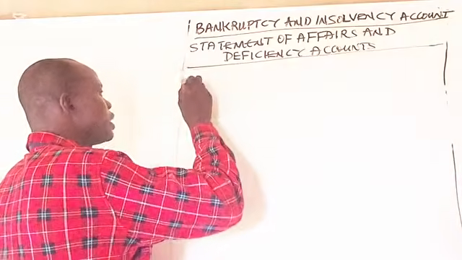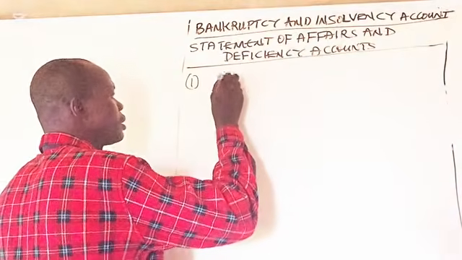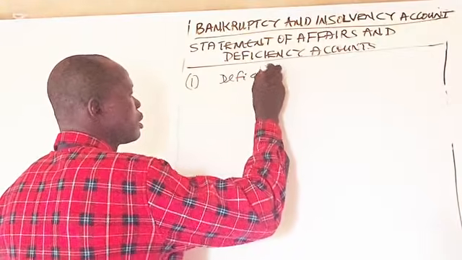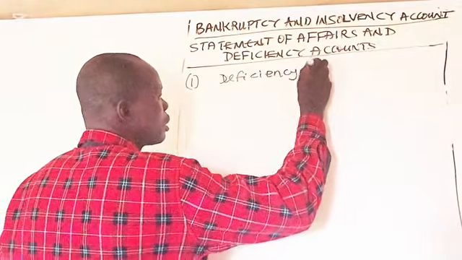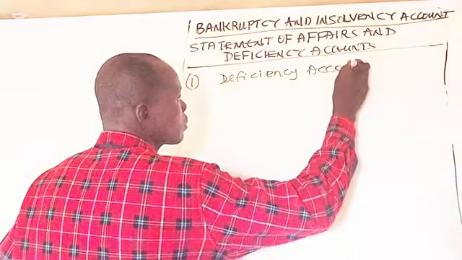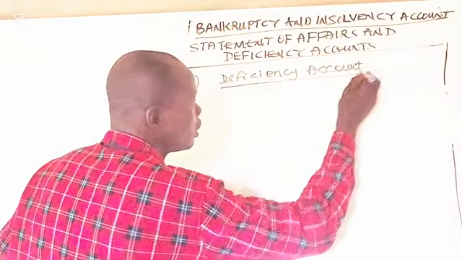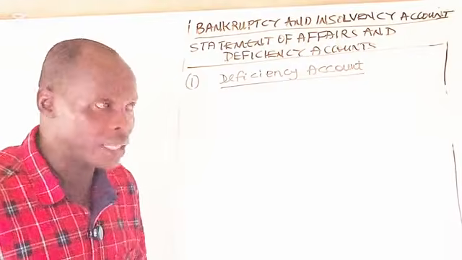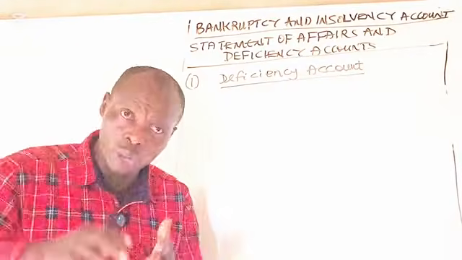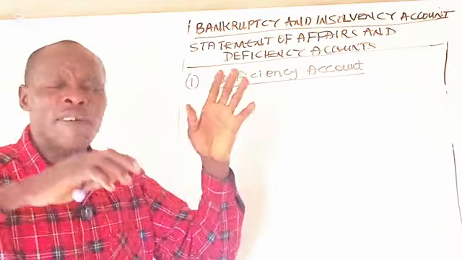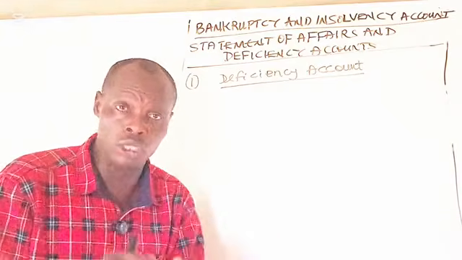So I want to start with deficiency account. Deficiency account tells the story of how the final deficiency arose.